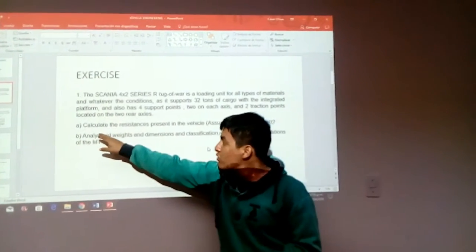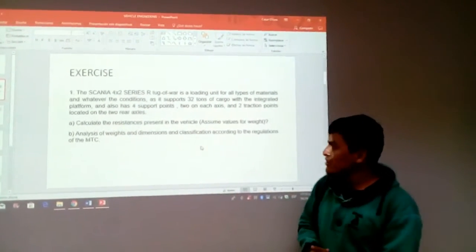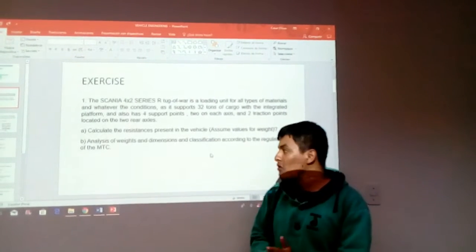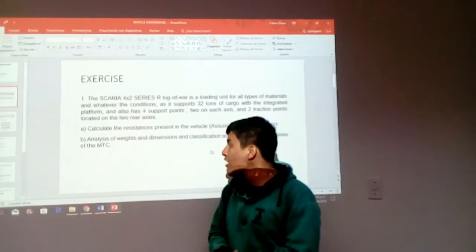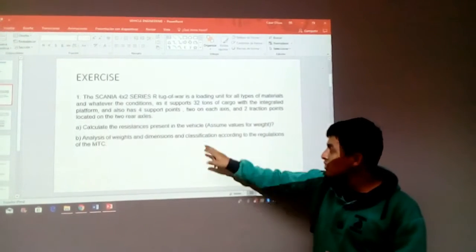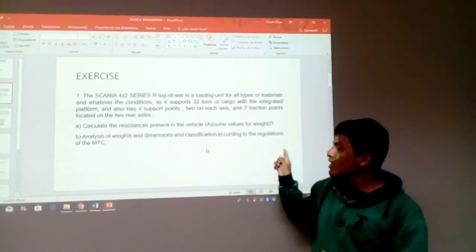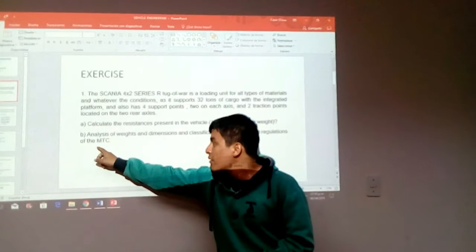The first question is calculate the resistance present in the vehicle. And the second question is analysis of weight and dimensions and classification according to the regulation of the MTC.